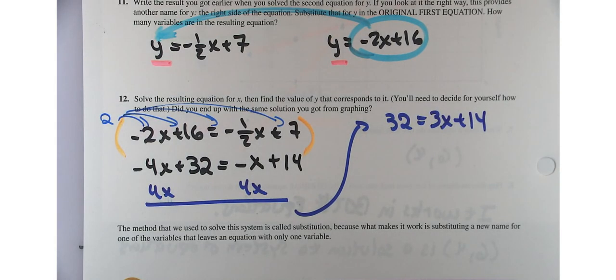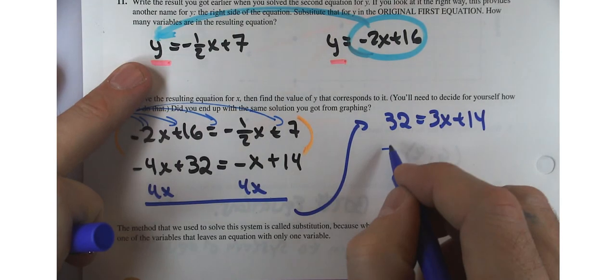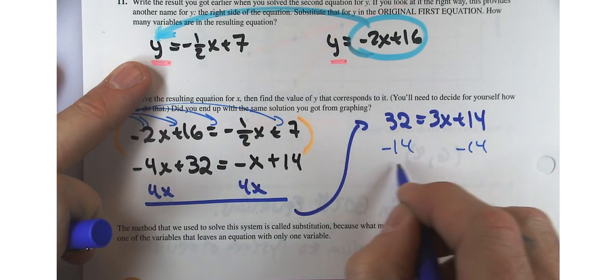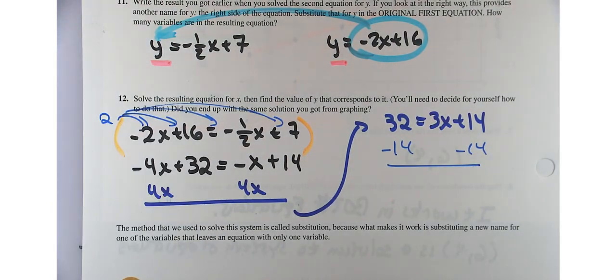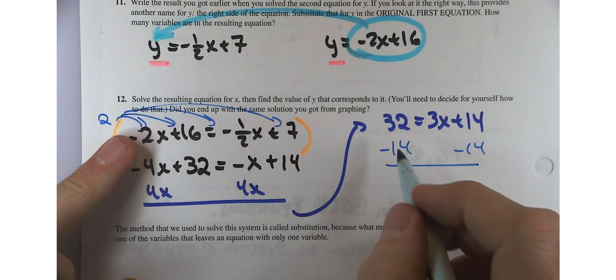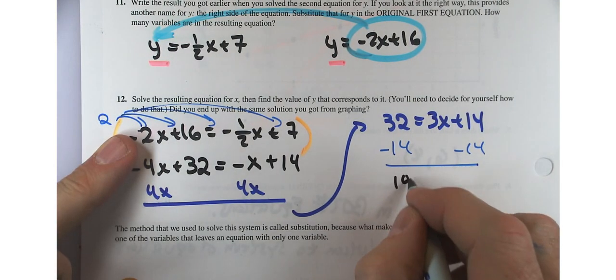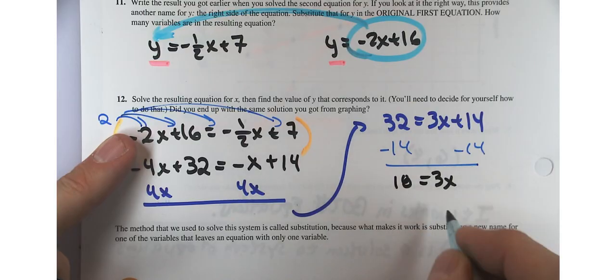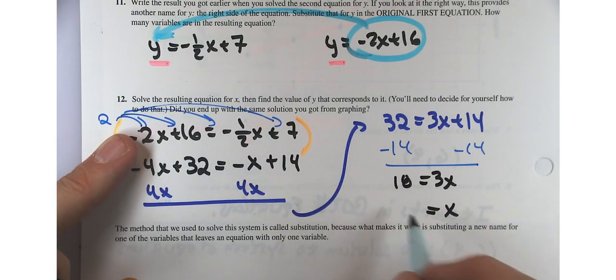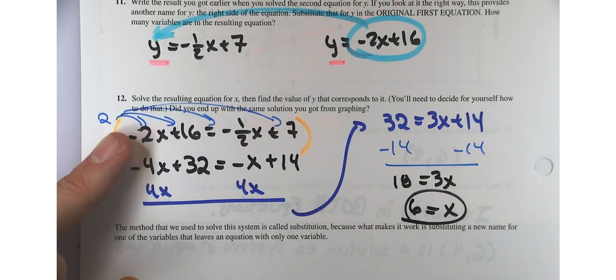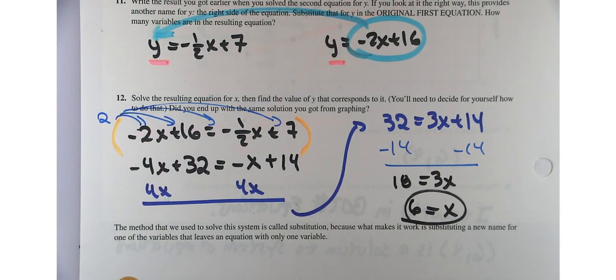All right, thank you. We'll subtract 14 from both sides now. So minus 14 minus 14. That's going to give me 18 equals 3x. Divide by 3, and what do I end up with? 6. Wow. That's the same thing we got earlier, right?